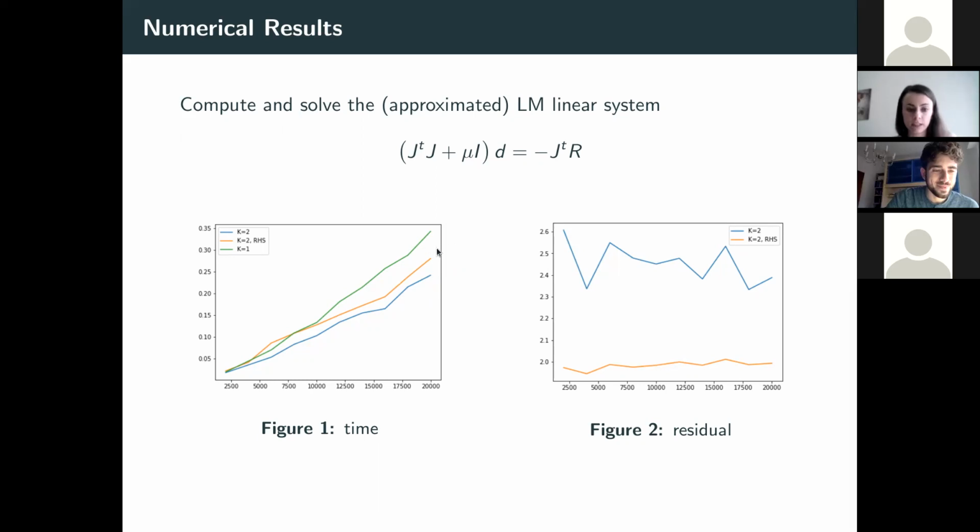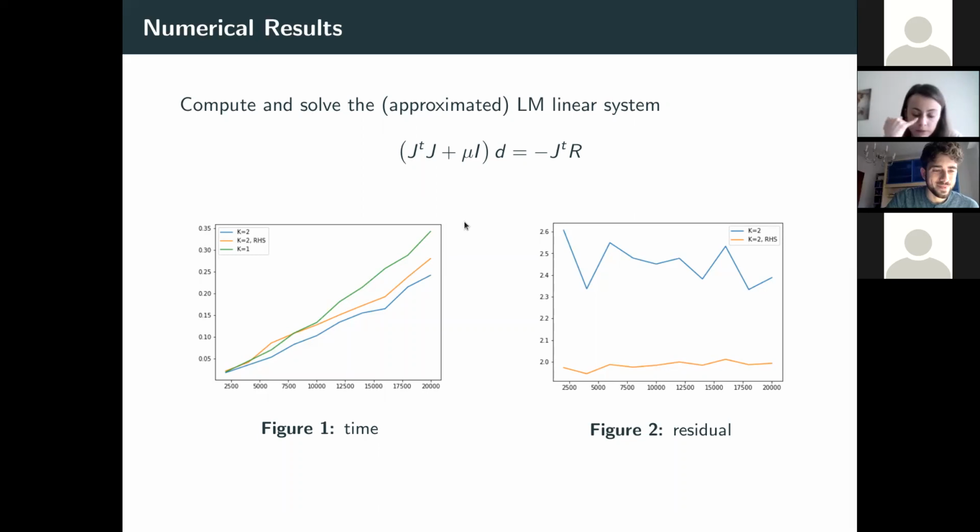And then we have that the method with right-hand side correction is slower than the method without correction, because we need some additional computation in order to compute the right-hand side correction. But we can see that it's still cheaper than the method without splitting.